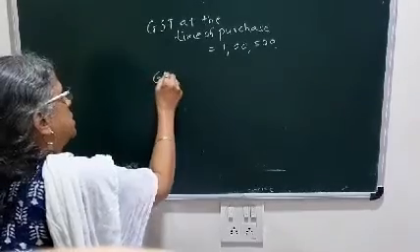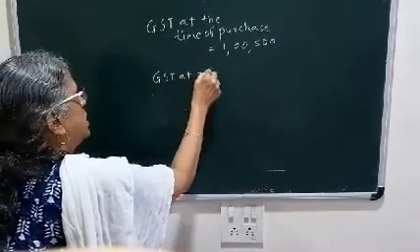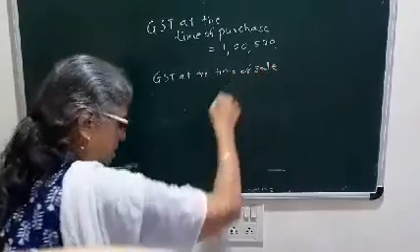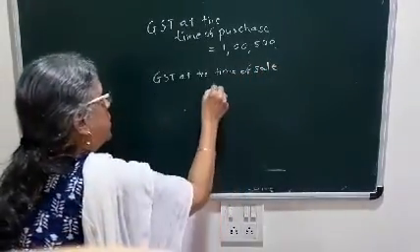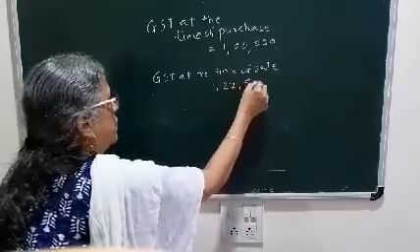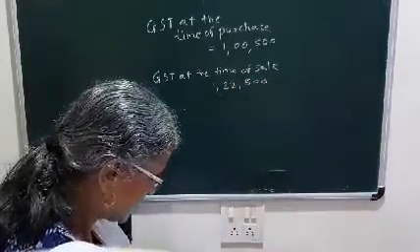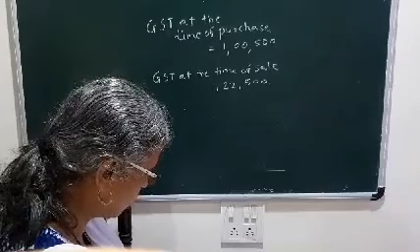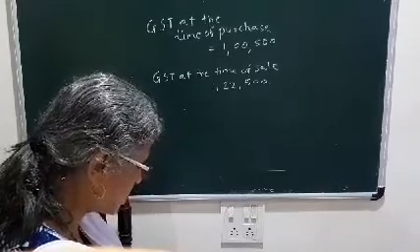So GST at the time of sale is 1,22,500. And they have asked: during 1st July 2017 to 31st July 2017, find the GST payable by Chetana Stores.